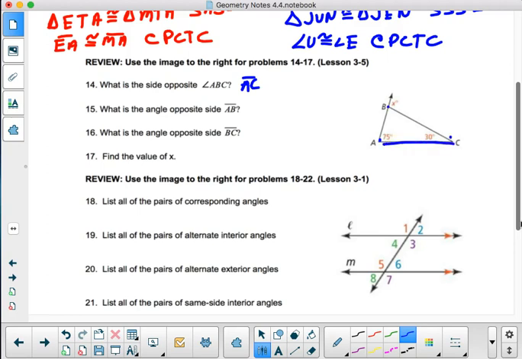What's the angle opposite side AB? The angle opposite AB is angle C. What is the angle opposite side BC? And that's angle A. And now I'm supposed to find the value of X. Remember, X is equal to the two remote interiors, 75 plus 30. So X is equal to 105.